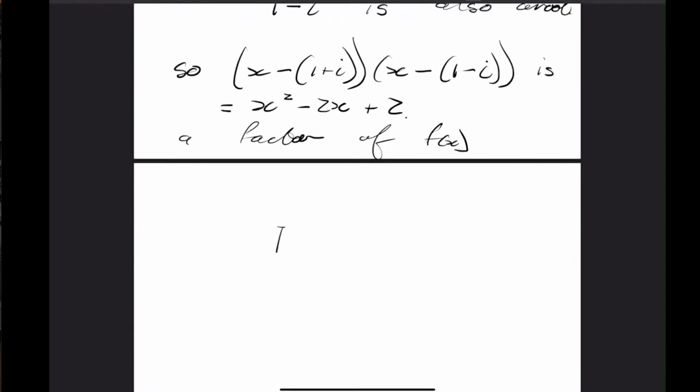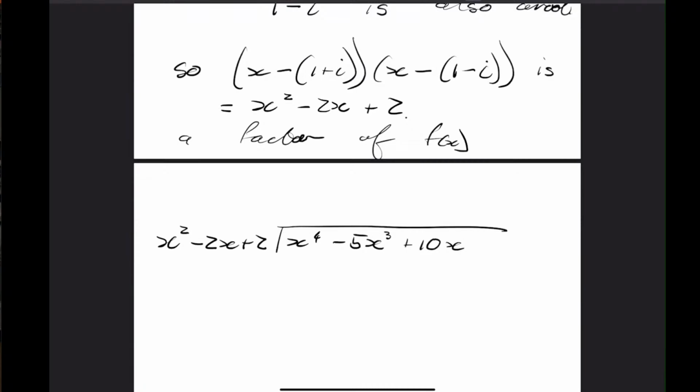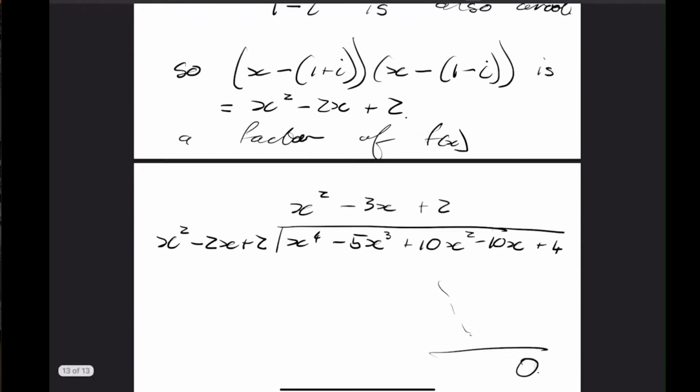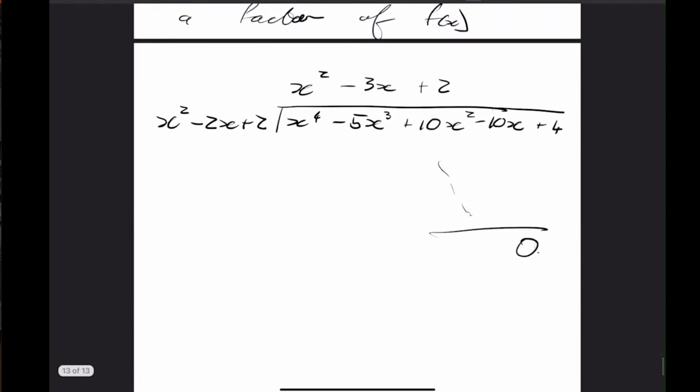We will divide f of x by this quadratic polynomial, x squared minus 2x plus 2, and f of x is x to the 4 minus 5x cubed plus 10x squared minus 10x plus 4. This is actually the long division that we did just before the lecture started. The quotient is x squared minus 3x plus 2. So please do that long division.